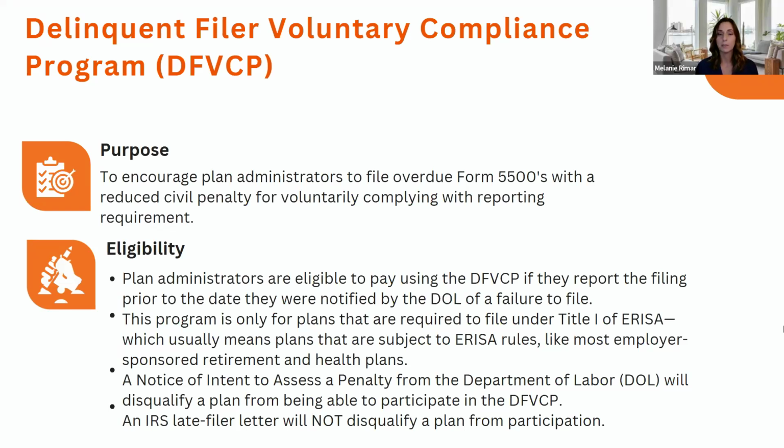So that's the welfare benefit plans. The only thing that keeps you from being able to participate is a notice of intent to assess a penalty letter from the DOL. That's it. Otherwise, you're eligible. And to be honest, I haven't seen too many DOL letters for 5,500s, thankfully.